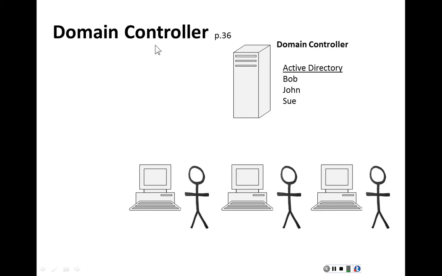So a domain controller is also called a login server, and what makes it a domain controller is the fact that it has a centralized database of usernames and passwords that allow people to centrally log on. And we will talk more about domain controllers as we get into the course.